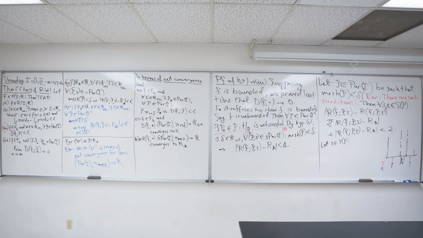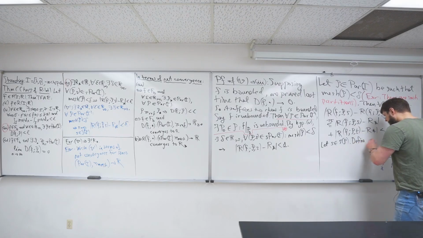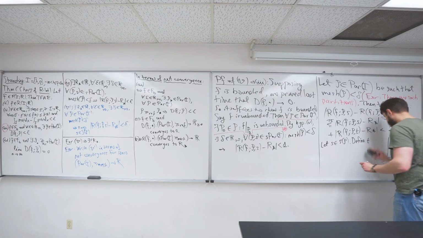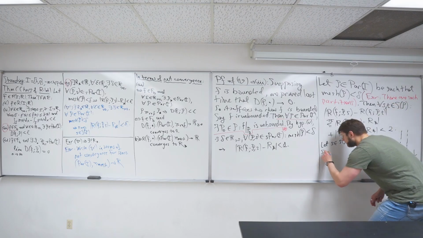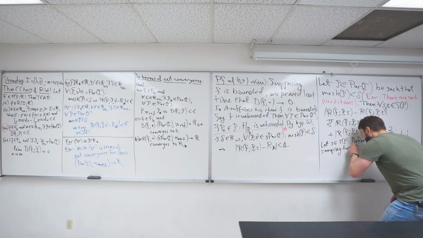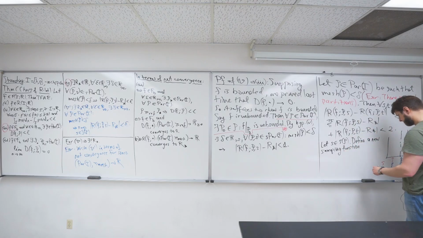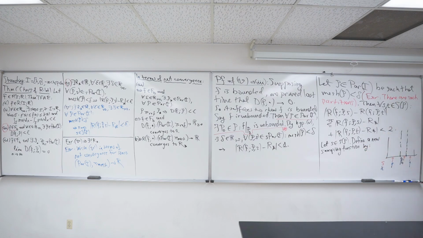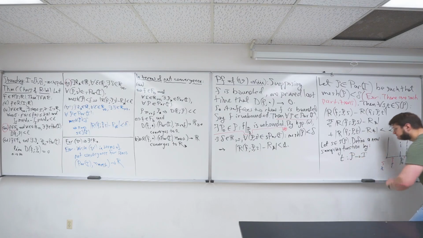Fix a sampling function. Define a new sampling function like this. So T goes from the partition into the interval.